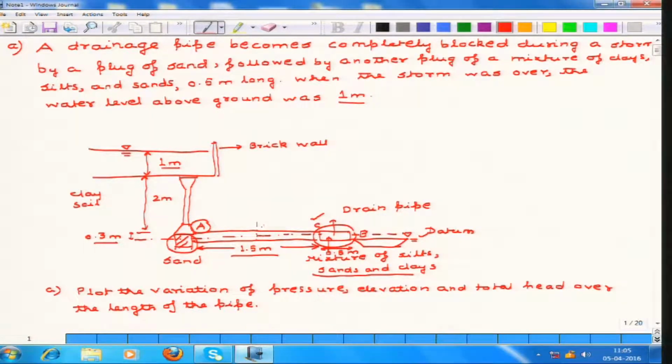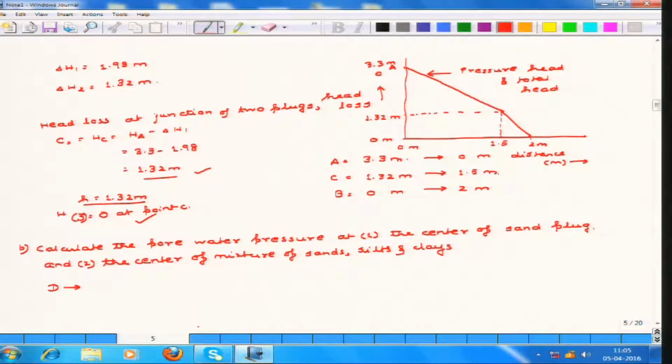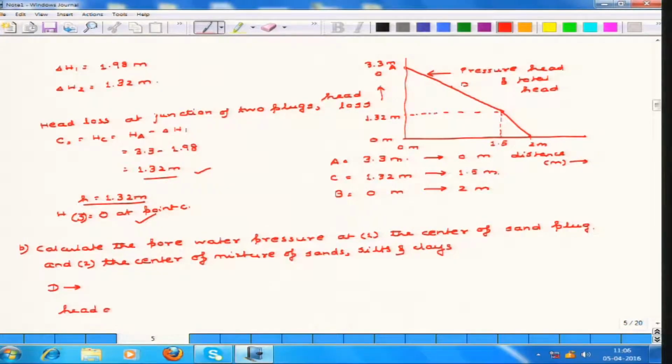Since the variation from A to C is linear in nature, we can find the head at D easily by taking a mean of the heads at point A and point C. That means the head at D, which is the center of the sand plug, will be equivalent to HA plus HC by 2, because the variation from A to C is linear.